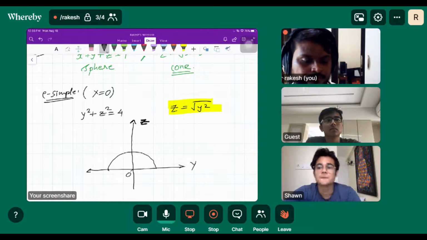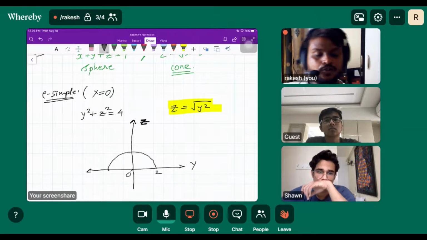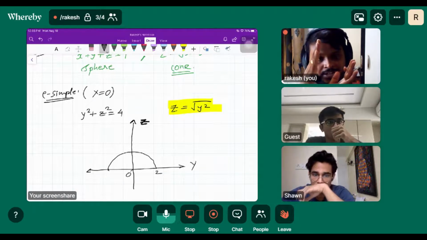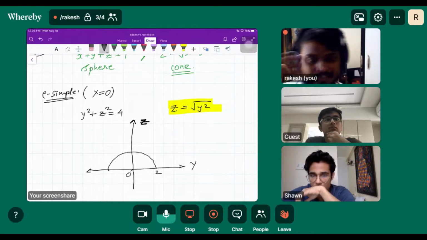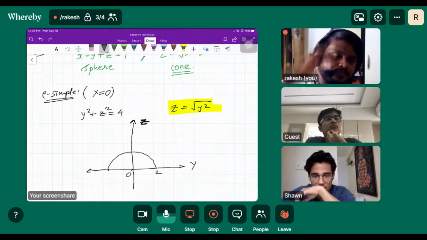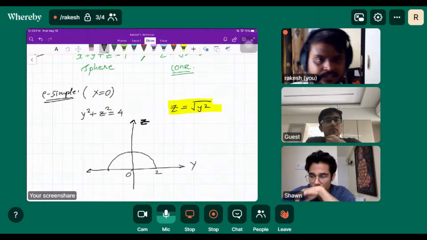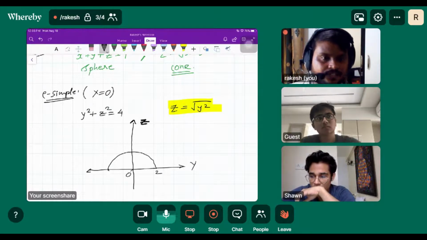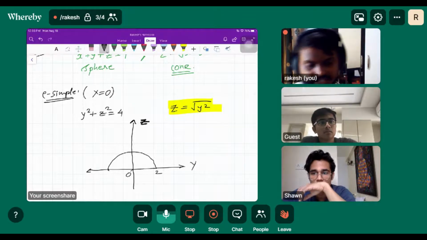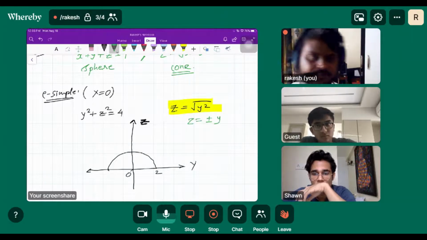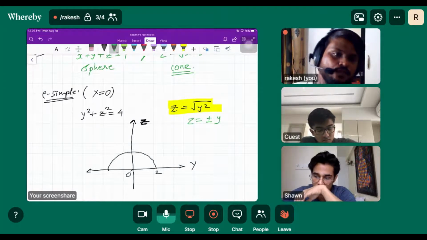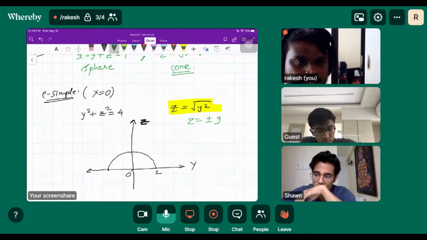Radius 2. Now we are finding the region bound by these two, sphere and cone. So I'm just taking the first half of the sphere, that's the semicircle, because we know that z is equal to plus minus y, isn't it? Z is equal to root y square is nothing but z is equal to plus minus y.